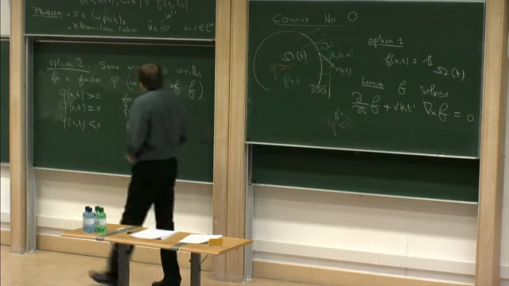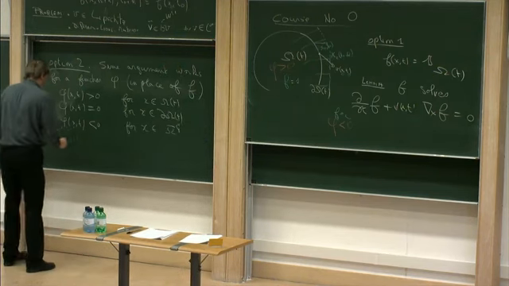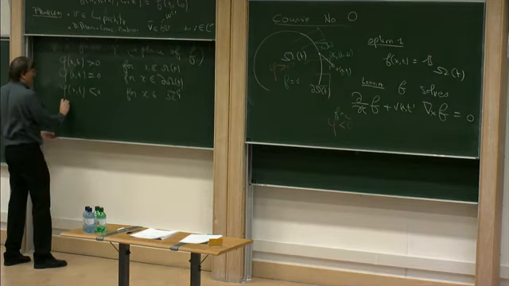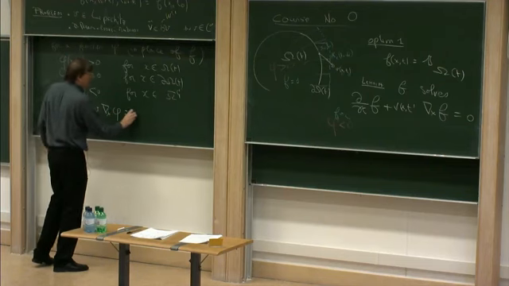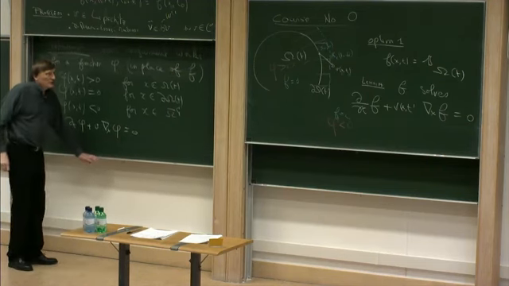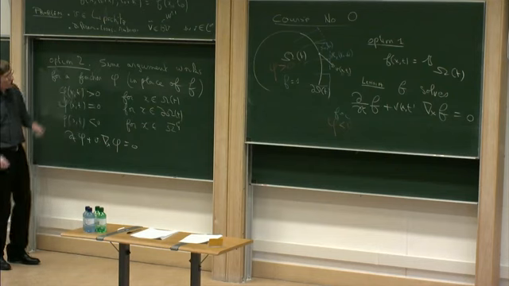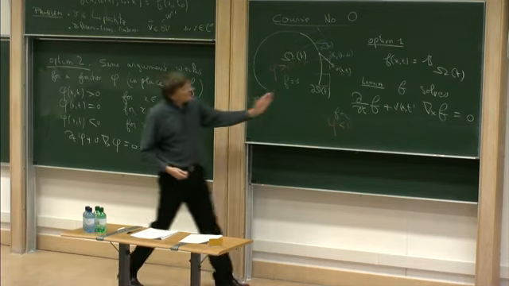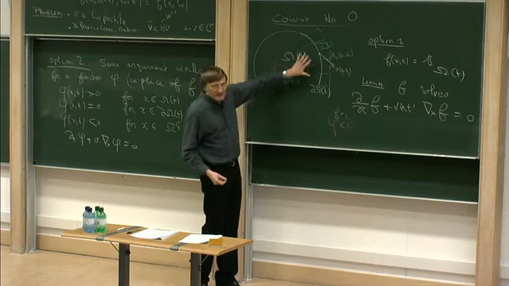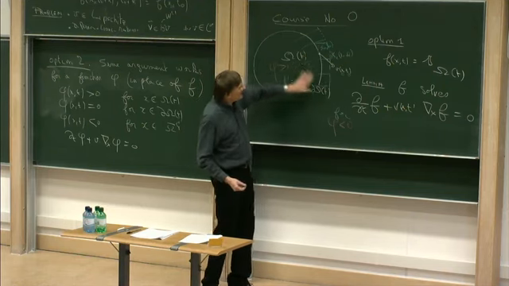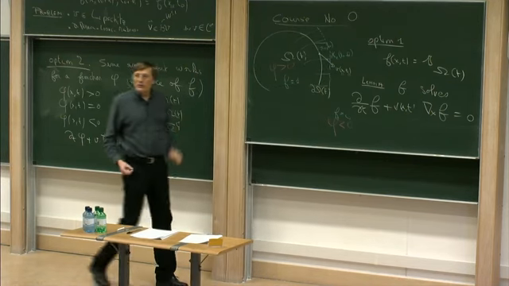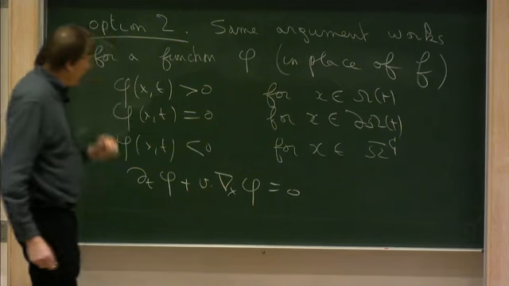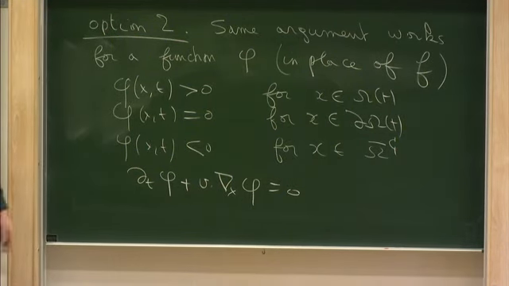And of course, if you solve the equation d_t phi plus v grad_x phi equals 0, whatever you do, because of the same argument, phi will be strictly positive on this side after some time t, will be negative here, and so you can always, in the same way, define the interface now by the set where phi is 0.